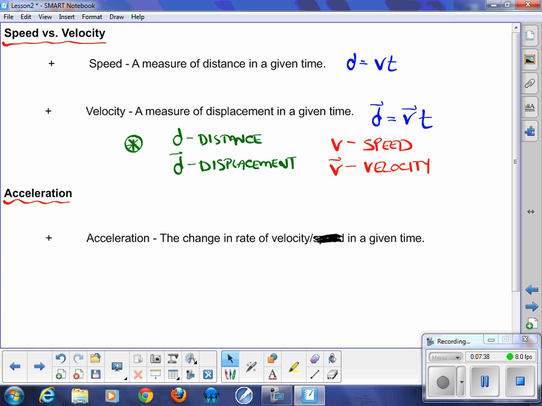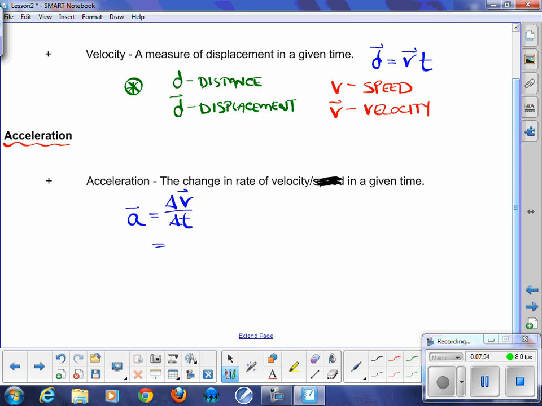And our units. Remember, when you did a d-t or a v-t graph, you did the change in velocity with respect to time. When you do a unit analysis of that, velocity is a measurement of meters per second. Time is in seconds. Using your math skills, that's meters per second squared.